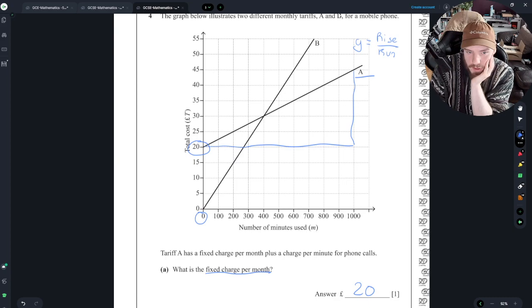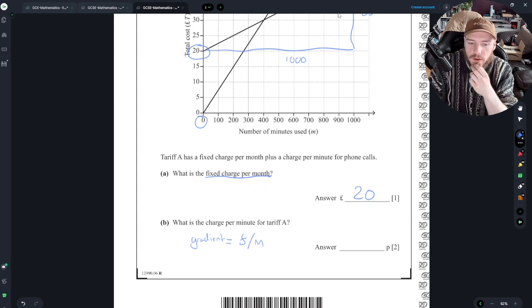Our rise here will be 20 to 45, so that's 25. And our number of minutes used, or our run, is 1,000. So for £25, I get 1,000 minutes.